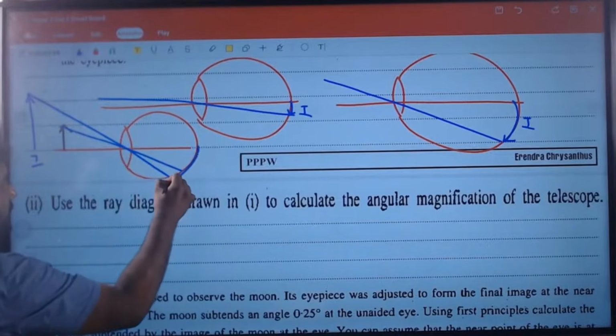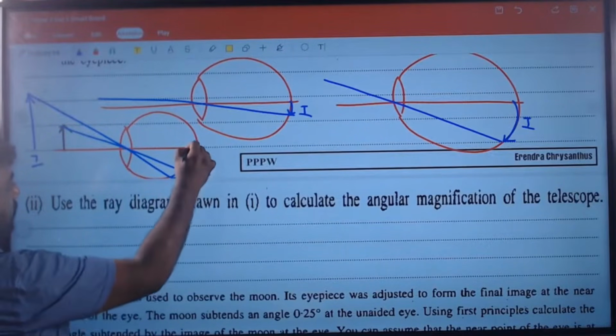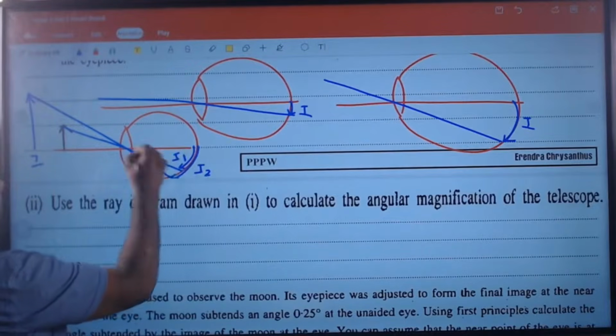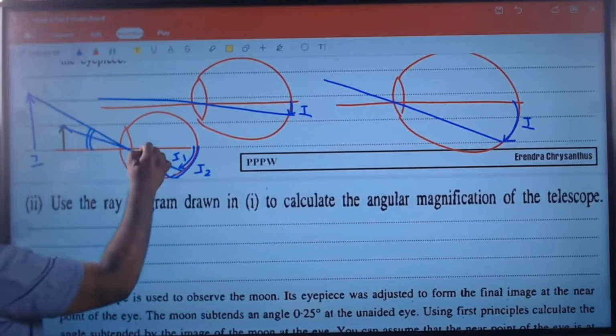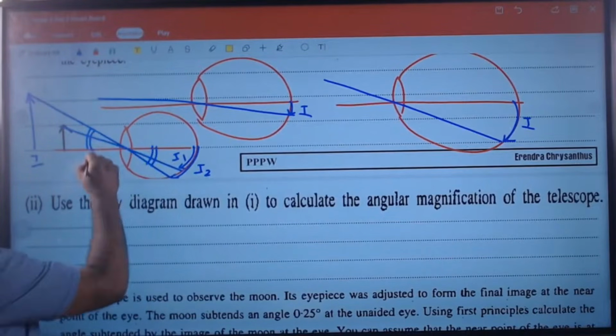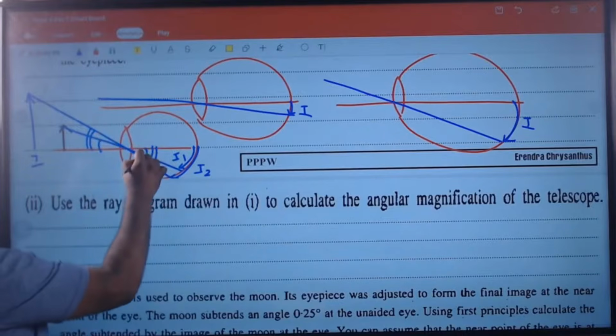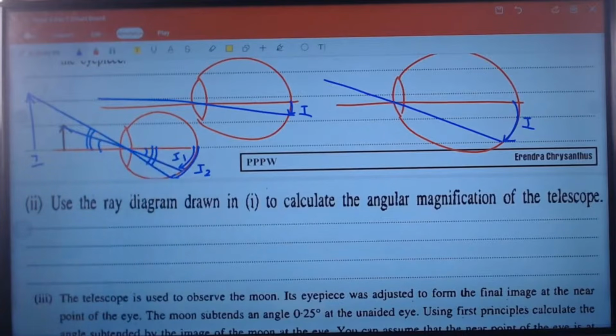Here I2, here I1. Larger the angle subtended, larger the size of the image. Smaller the angle subtended, smaller the size of the image. From the above diagrams we can show that.